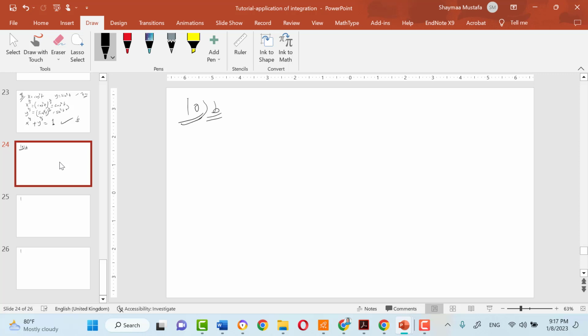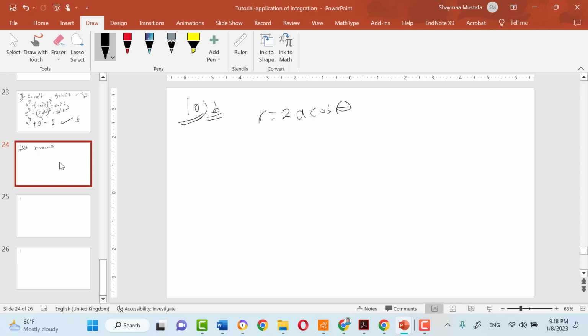Question 10b, we have r equal to 2a cos theta, and we need to find the arc length. So this is the polar form, and we need to find the arc length.